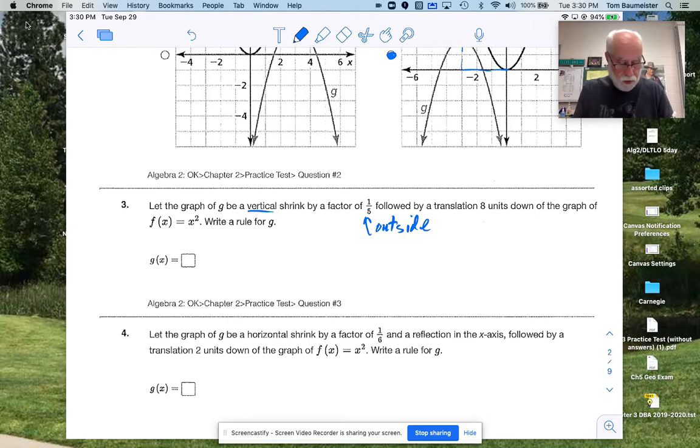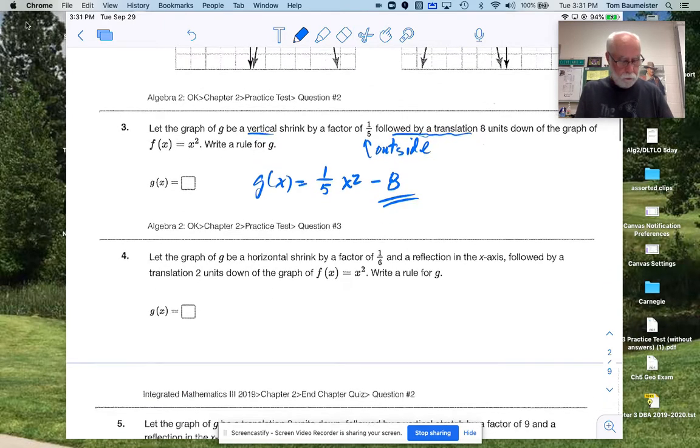So we know that we could say g of x is equal to 1/5. Our original function was x squared. And then it says followed by 8 units down. Well, 8 units down is your k value. Remember that? So that means we would go minus 8. And that should be your answer for that one.